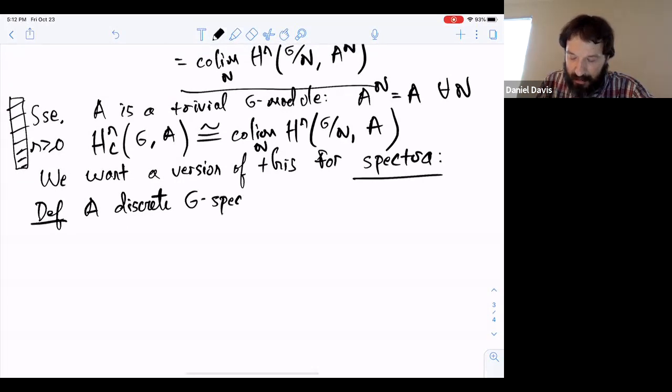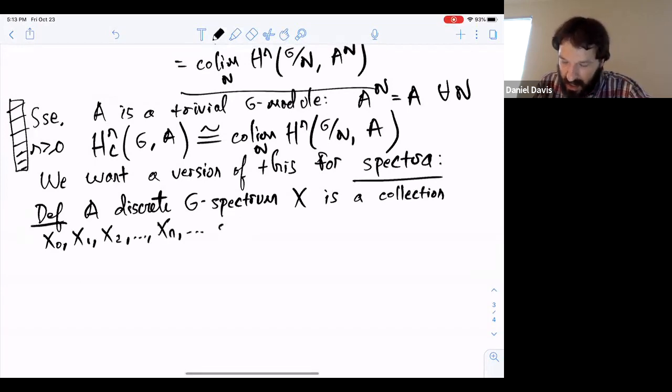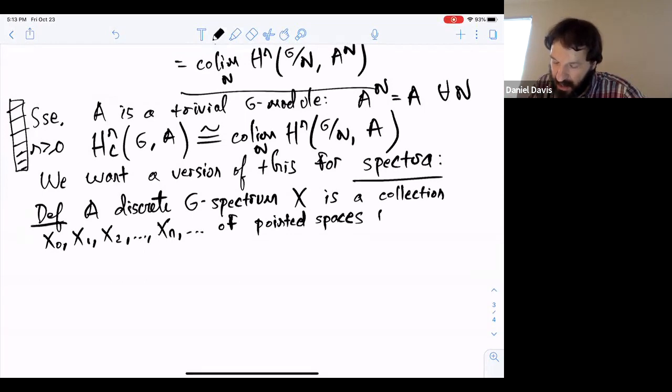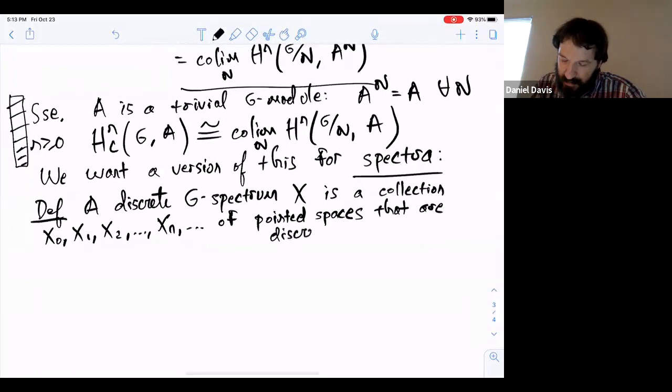We make the following definition: a discrete G spectrum X is a collection x0, x1, x2, ellipsis, xn, ellipsis of pointed spaces, but these pointed spaces are discrete G spaces.